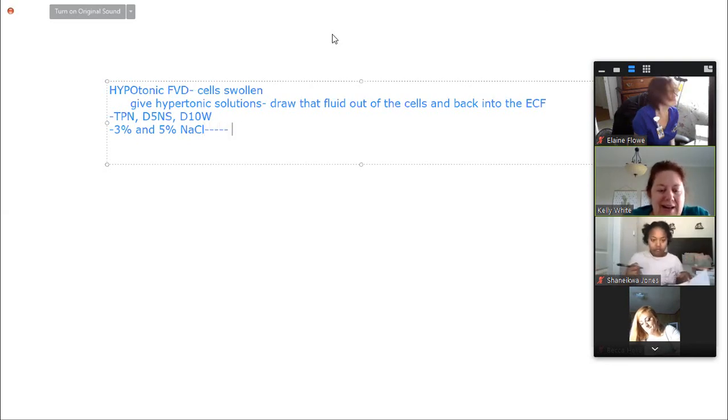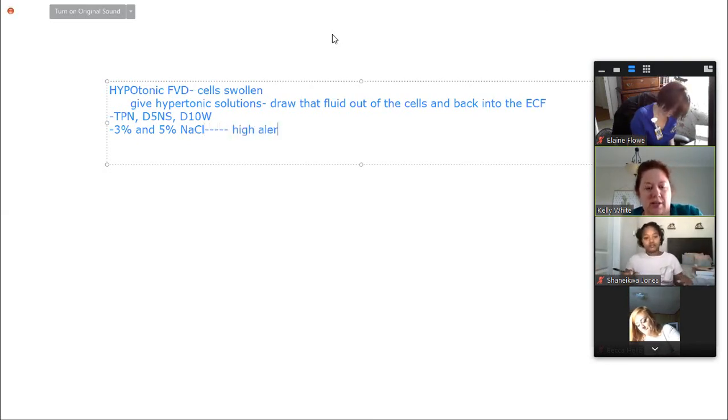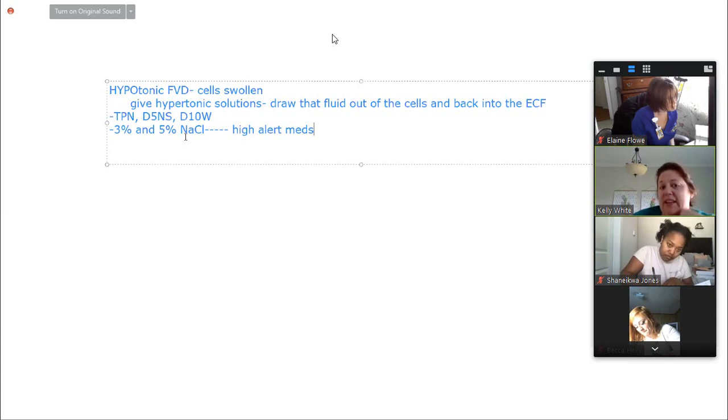These are high alert medications. You will only see that 3% and 5% normal saline in critical care units. Okay. So think, if you have a bag of fluid and 3 to 5% of it is salt, what do you think you could do if you overload that patient with this fluid?